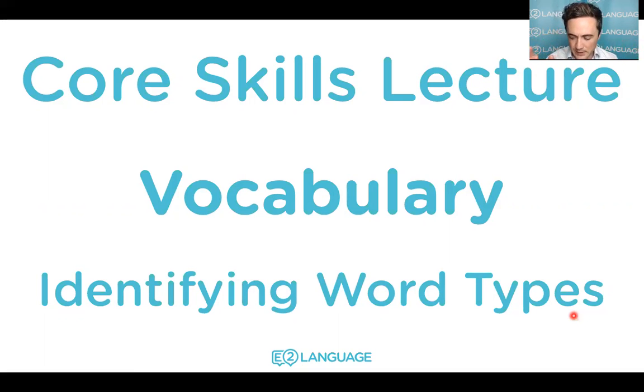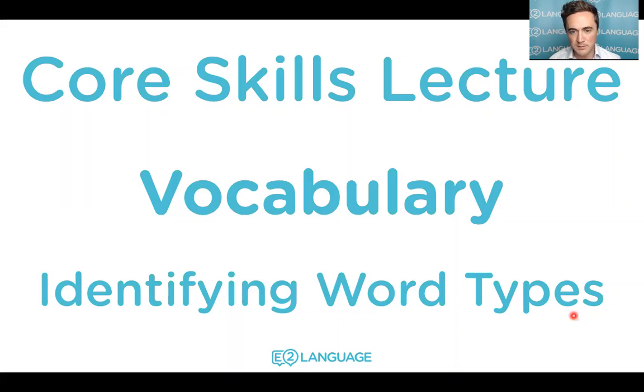This is a critical skill. If you know how to identify different word types, and there are only 8 in English, then you can rapidly improve your English. Because if you know what the nouns are, then you can ask yourself, okay, do these nouns need to be singular or plural?